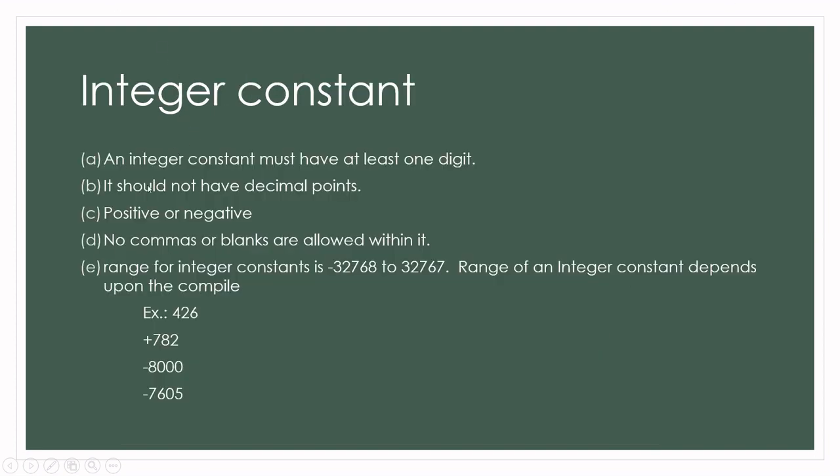So what's an integer constant? These are the rules for an integer constant. First, it must have at least one digit, it shouldn't have a decimal point, and it can be either positive or negative. You shouldn't use commas or blanks within it, and the range of integer constants is from minus 32,768 to 32,767.